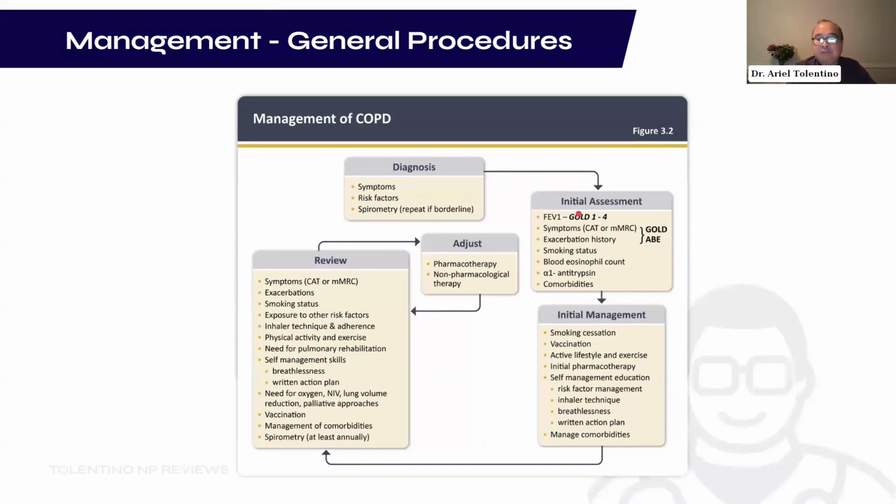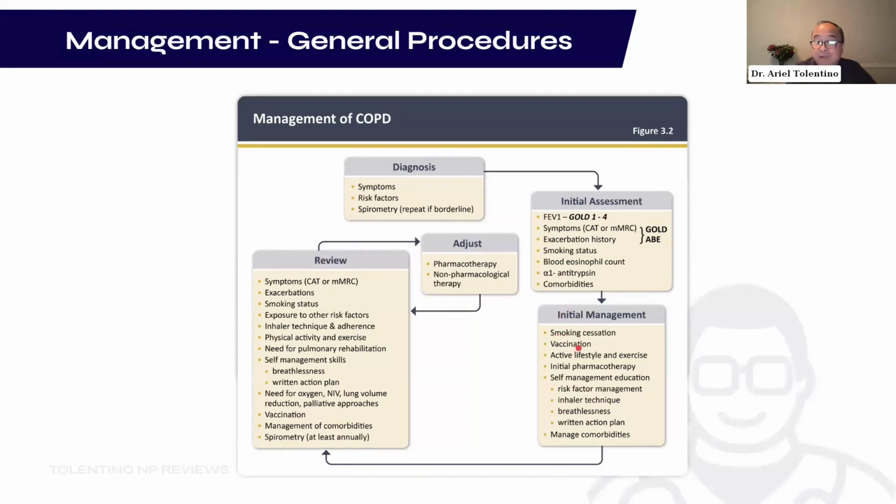And checking for the initial assessment, checking your GOLD 1 to 4 for the severity of COPD, checking your symptomatology from those CAT and MMRC symptom tools that are the instruments for patients to answer, checking your smoking status, checking the eosinophil level, evaluating genetic predisposition, knowing if the patient has alpha-1 antitrypsin deficiency problems, tuberculosis, and others. Now we go to the initial management again, and smoking cessation is evaluated.